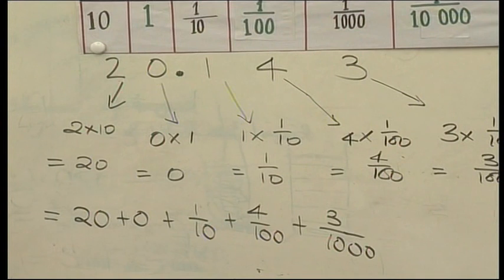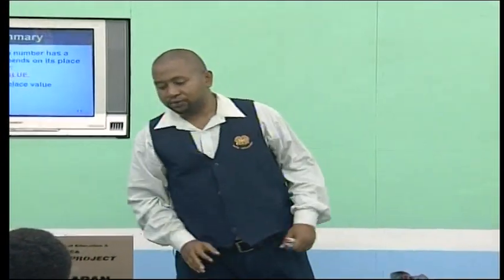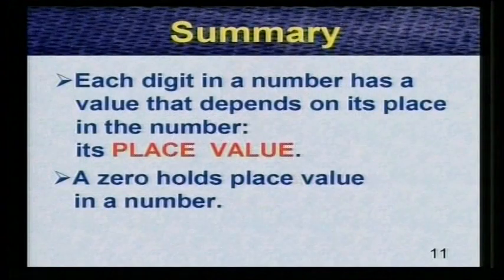With that, Grade 7 students, let's look at our summary notes again. It says, each digit in a number has a value that depends on its place in the number, or its place value.